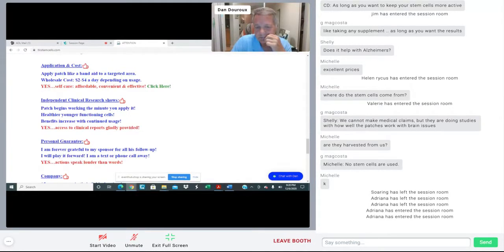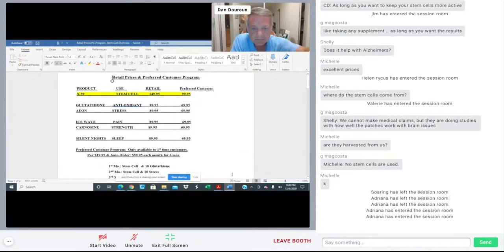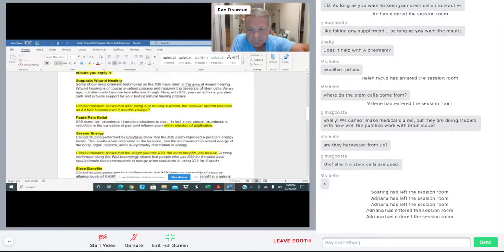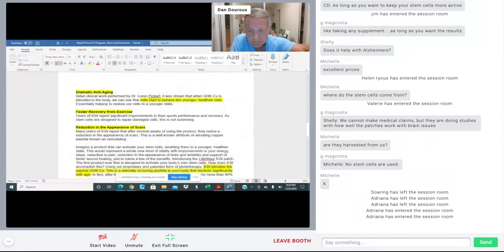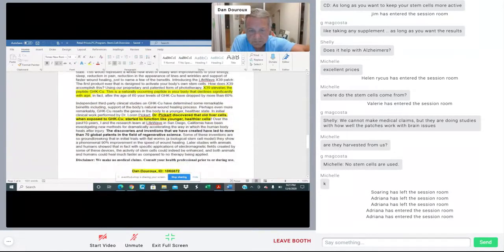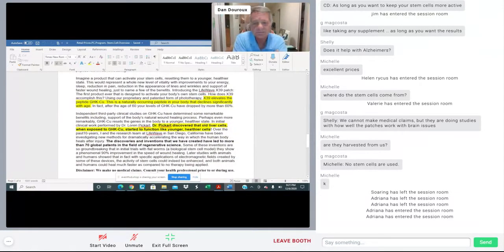They've shown in the studies that someone who is like 60, after just 24, 48 hours on these stem cell patches, their stem cell function is as if they were half their age. It happens very quickly, but no stem cells are harvested or grown or taken from anything. It's just a very specific patented technology activating our body's ability to do this.